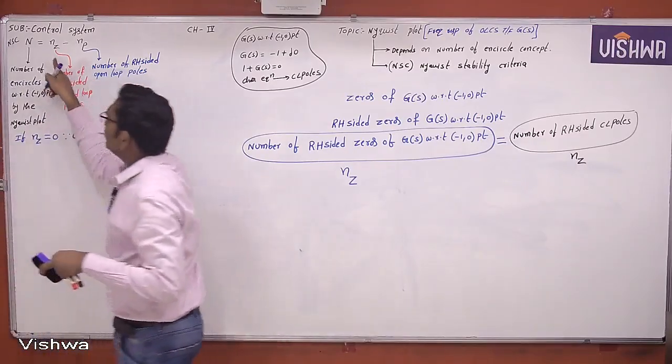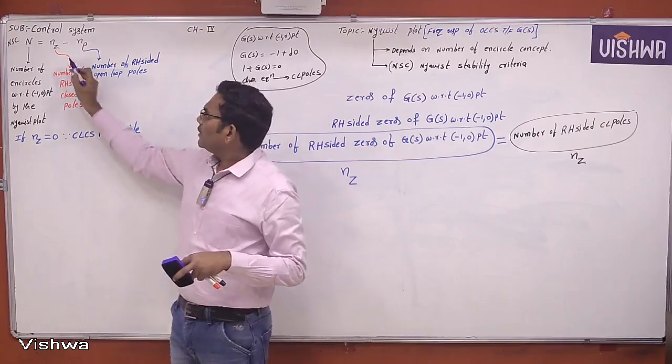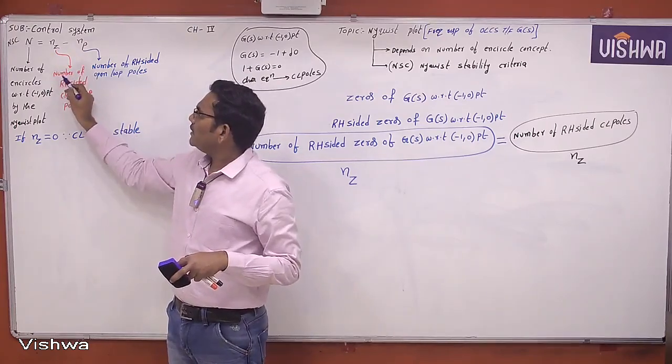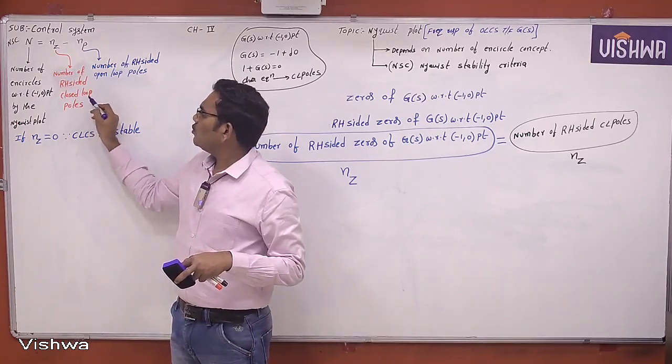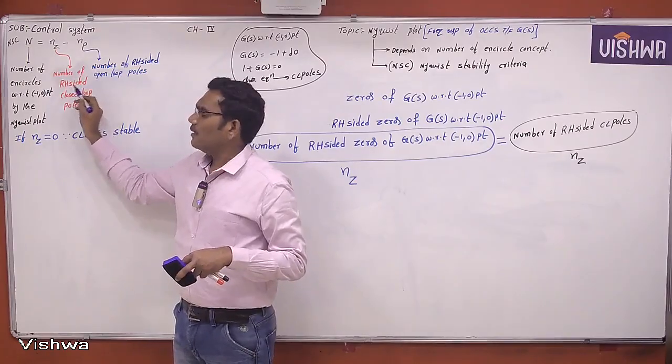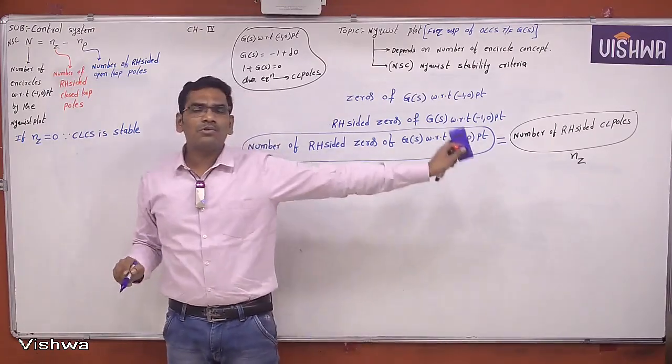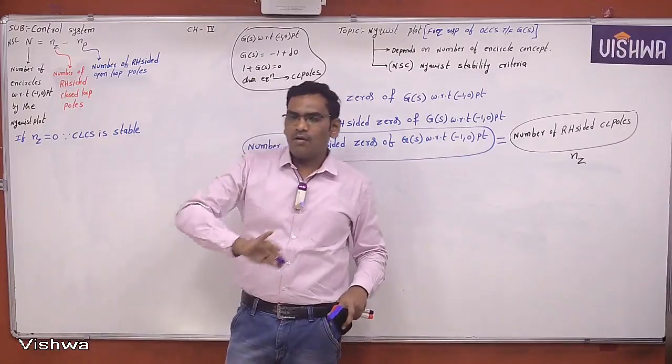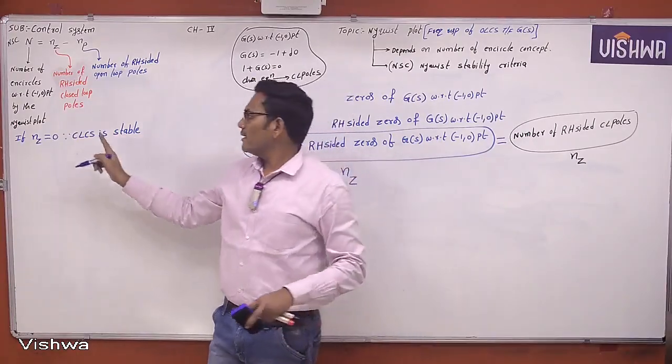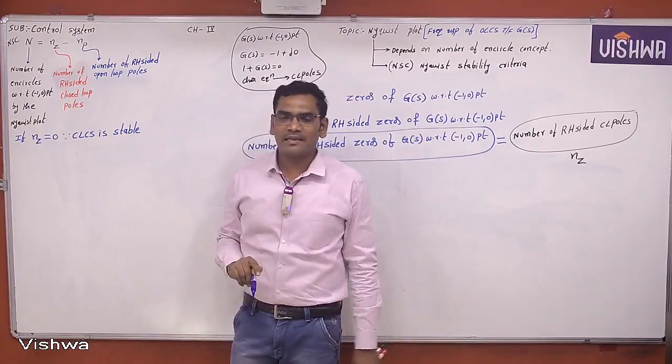Why? If NZ equals 0, what is the meaning of that? If NZ equals 0, there are no closed loop poles on which side? Right-hand side. There are no closed loop poles on the right-hand side. All the closed loop poles are on the left-hand side, such that the closed loop control system is stable.